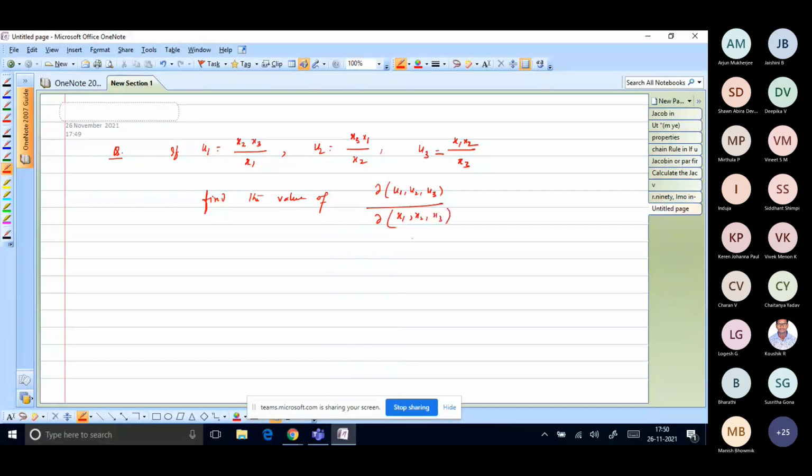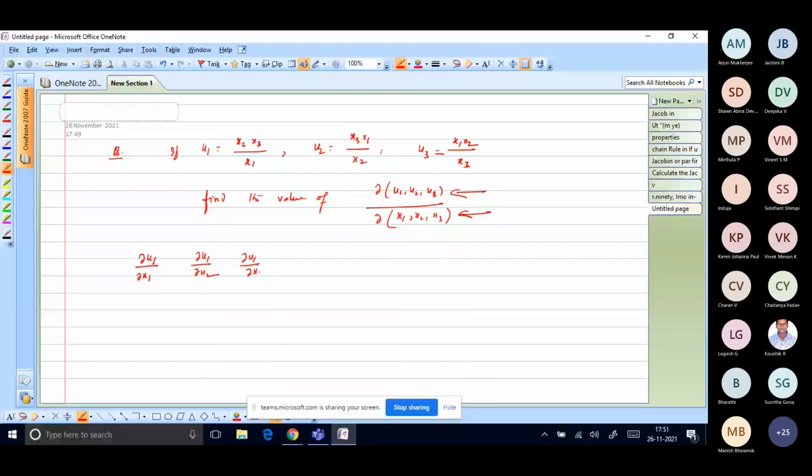So when you have to find the Jacobian of u1 u2 u3 with respect to x1 x2 x3, first of all, what do you write? del u1 with respect to x1, u1 with respect to x2, u1 with respect to x3. So I differentiate partially with respect to x1 x2 x3.